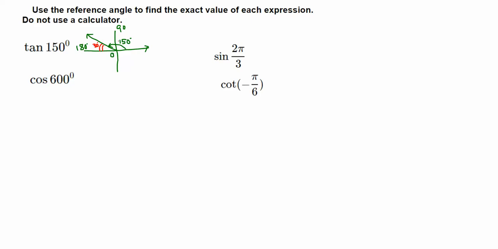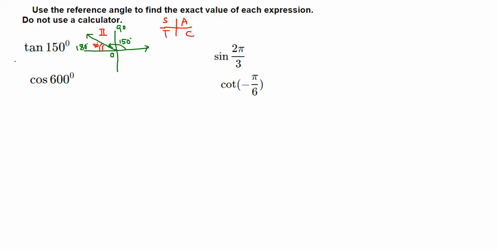Now 150, our terminal side lies on the second quadrant, and we know the quadrant rule. All students take calculus. Only sine and its reciprocal, cosecant, have positive values, so tangent will have a negative value.